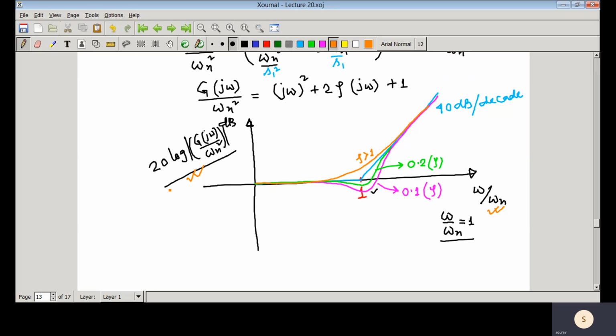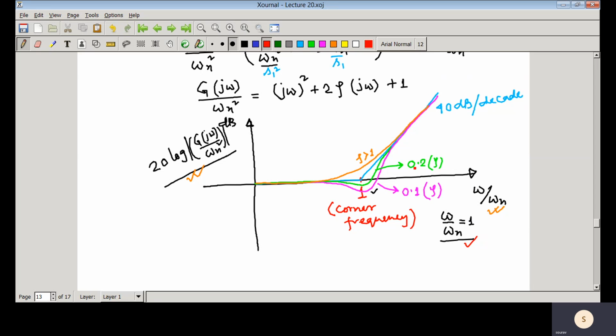So if we do like that, then the corner frequency would be equal to 1. Corner frequency is 1, and if we go for normal log ω scale, then that corner frequency would be ω_n. That thing we can see from this particular relationship.